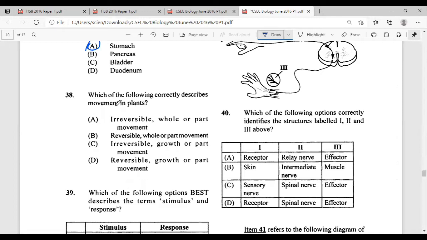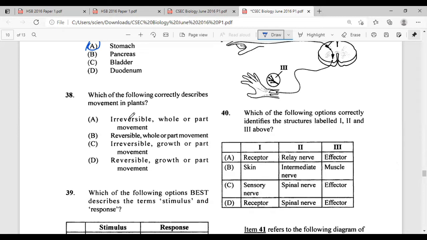So the first thing, we just have to realize that they're asking us for movements in plants. So it's going to be irreversible or reversible. And it has to be irreversible because once the plant has grown or has started to grow, you will not see that tall plant going back to being small. It cannot undo its growth. That's what I'm trying to tell you.